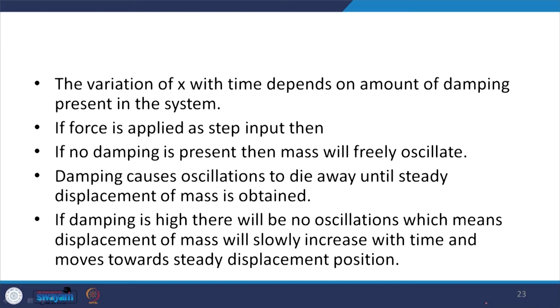If there is no damping present in the system, then the mass will keep on oscillating, and the damping causes the oscillations to die away until the steady displacement of the mass is obtained. If damping is high, then there will not be oscillations, which means that the displacement of the mass will slowly increase with time and move towards the steady displacement position.